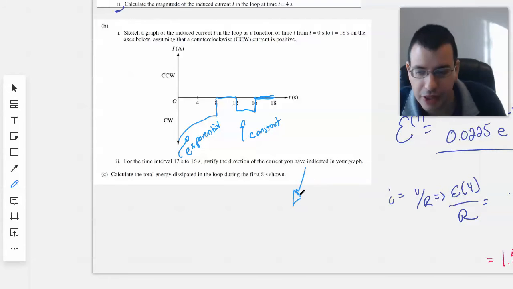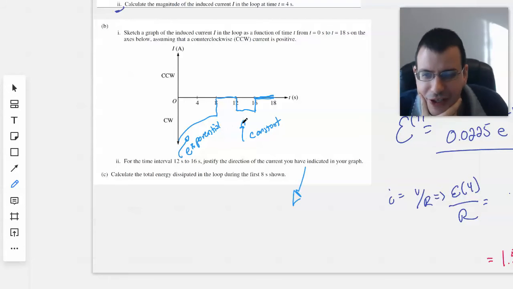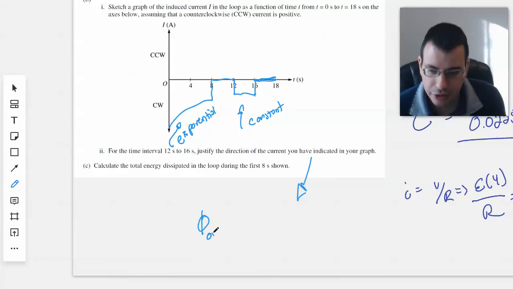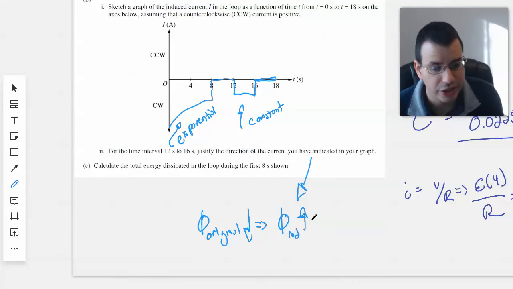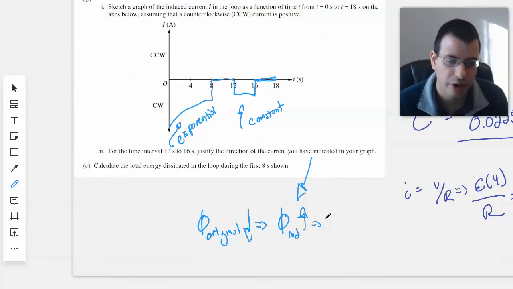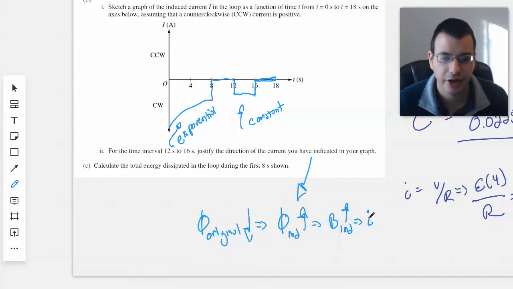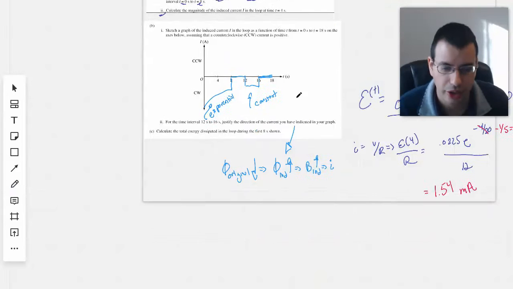So for this, I would say flux original lowers, therefore flux induced rises, therefore magnetic field induced rises, therefore current has to be clockwise.